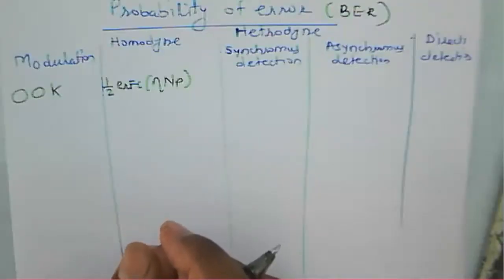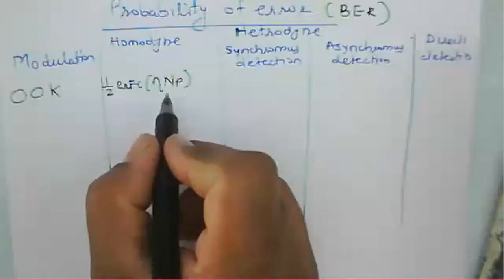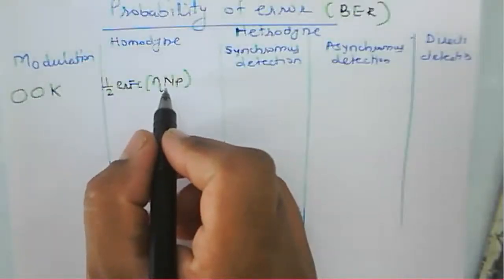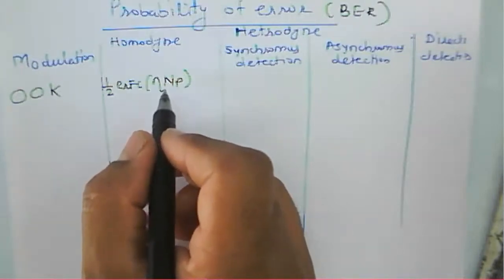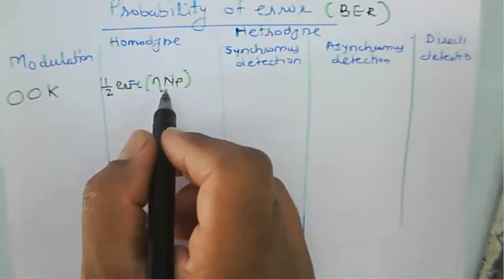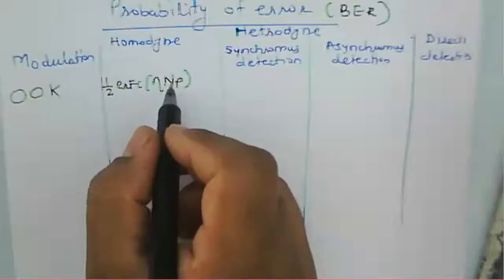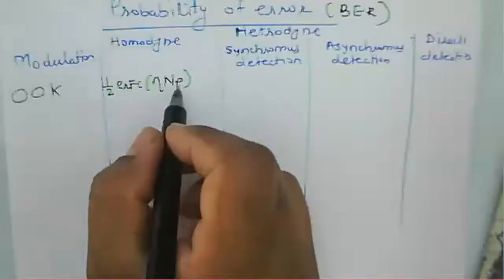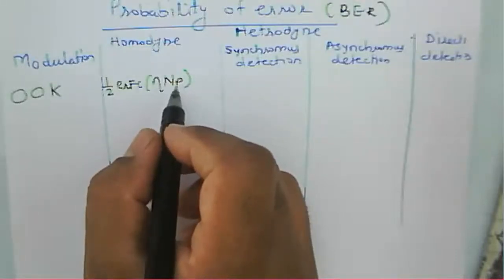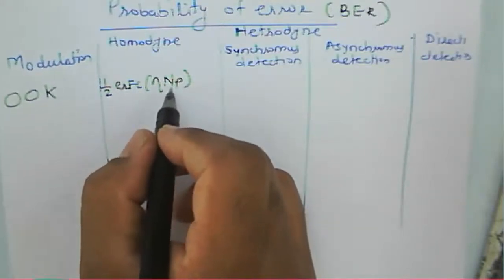So we say that for a given particular NP, right now what we are saying is that NP is nothing but the average number of photons we require. Average number of received photons required per bit, that is about the NP we say. And then for the given particular input values, what will be the average number of photons we require?